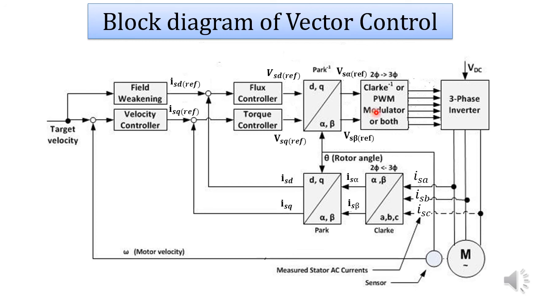All these are reference values. Then, based on those reference values, the PWM modulator will produce the gating pulses for the three-phase inverter, so that the three-phase inverter will produce the output voltage, that is the stator input voltage of the induction motor, according to the reference values obtained from the inverse Clarke transformation block.